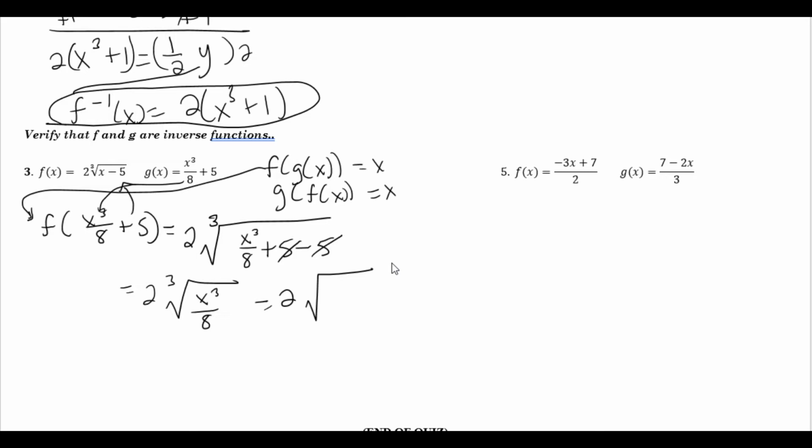Now you need to do the cube root. The cube root of x cubed is x, so the cube root and the cube cancel. The cube root of 8 is 2, so the 2's basically cancel out here. So it leaves you with x. All right, so that checks out.